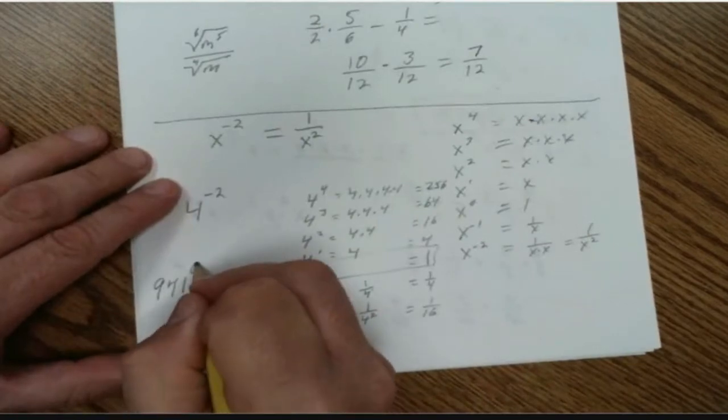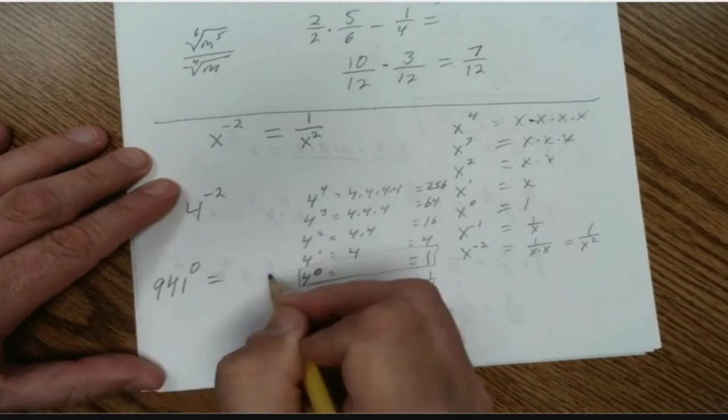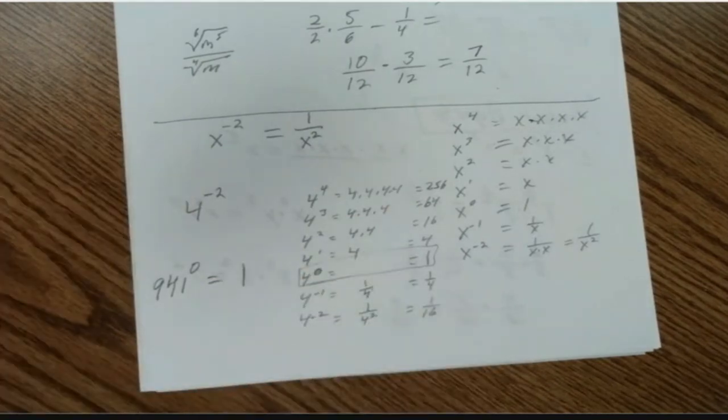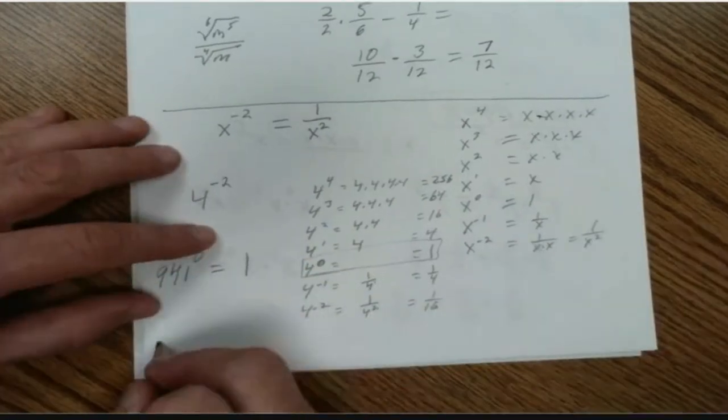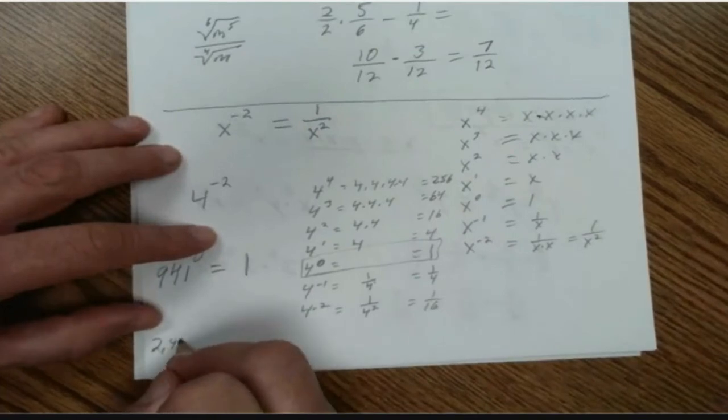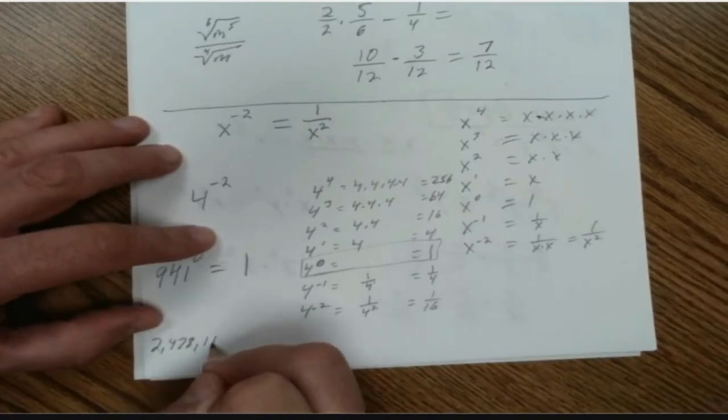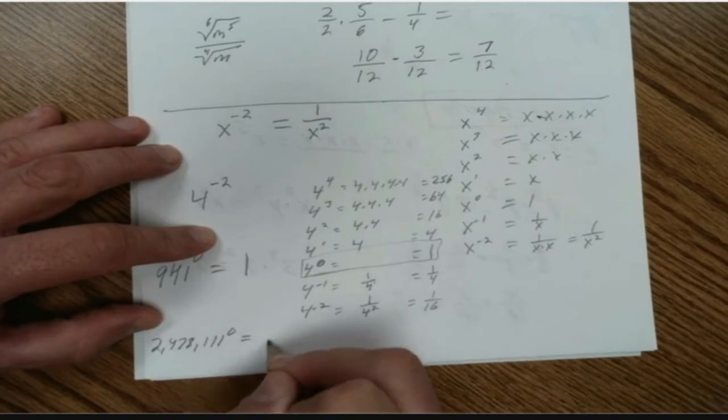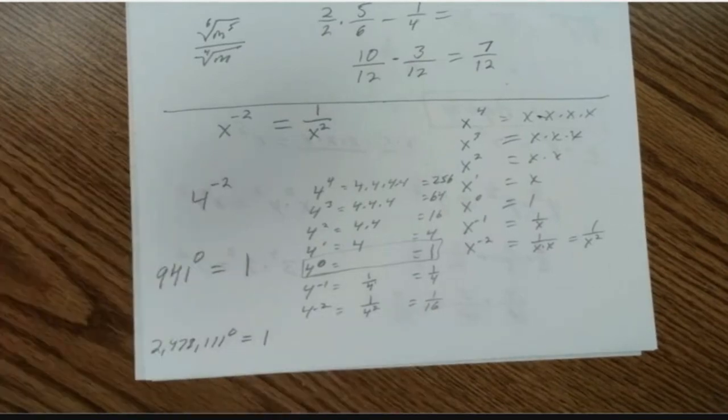941 to the power of 0 equals 1. 2,478,111 to the 0 power equals 1. Anything to the 0 power equals 1.